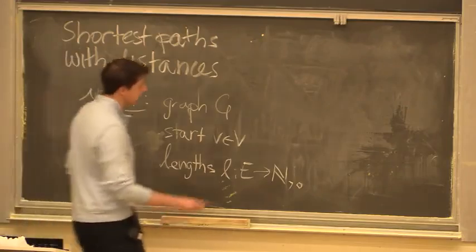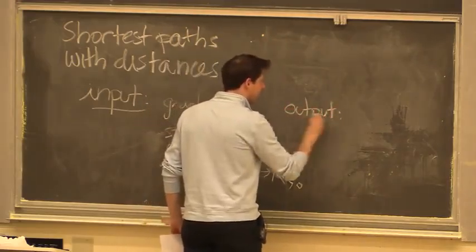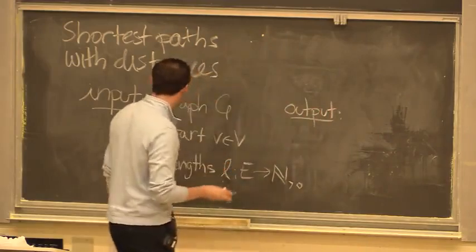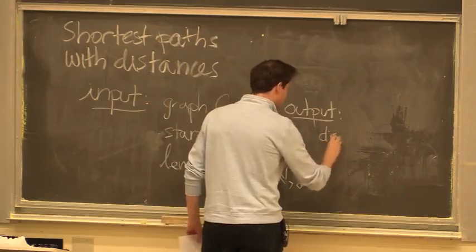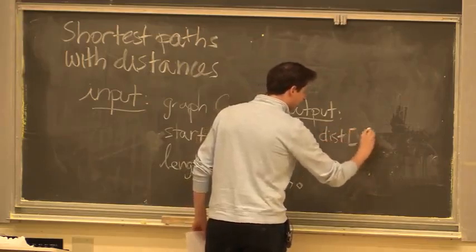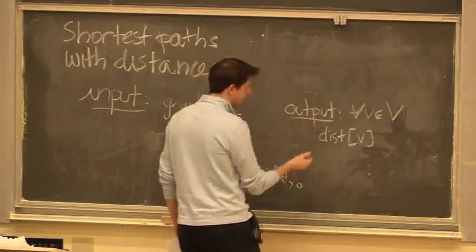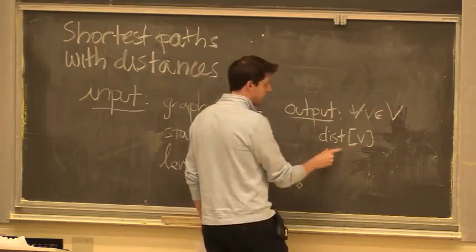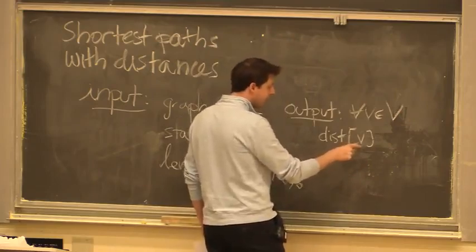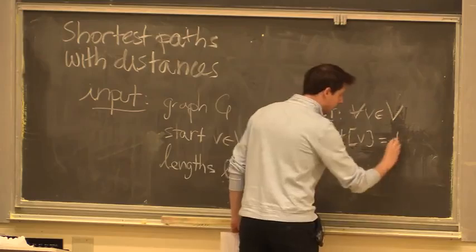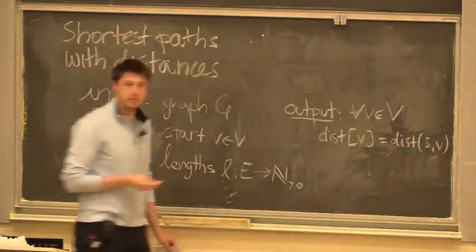So there's the input and the output. We want to compute an array of distances. For every vertex in the graph, we want to compute a number, which is the distance from S to V, and store it in an array.